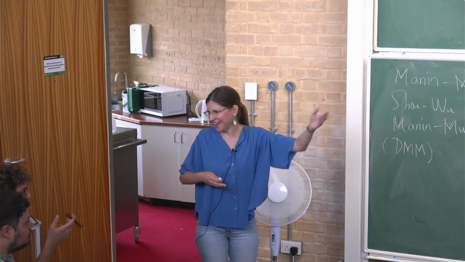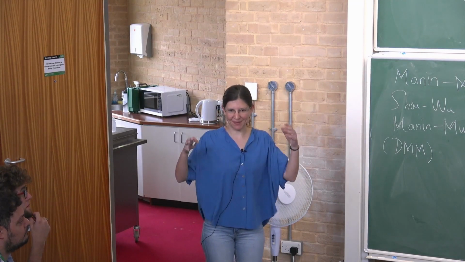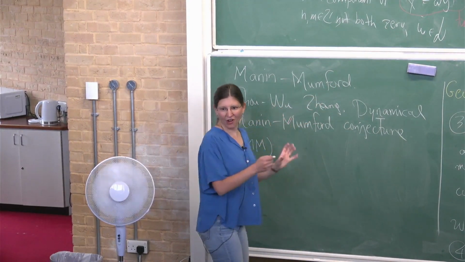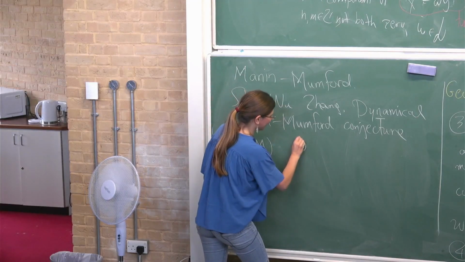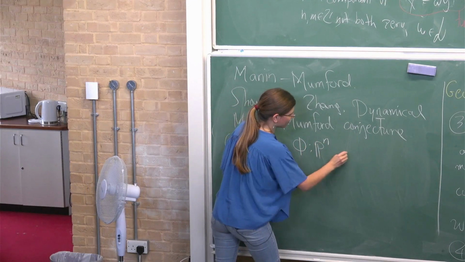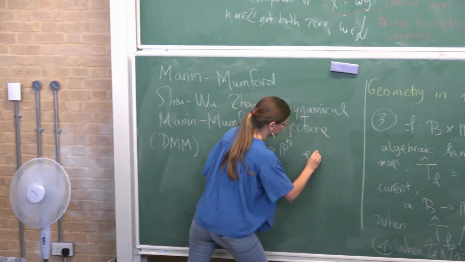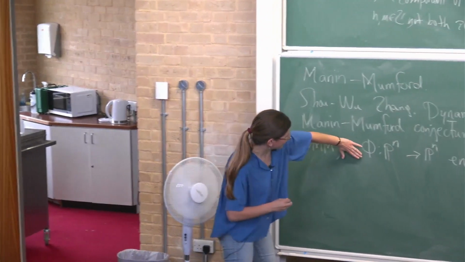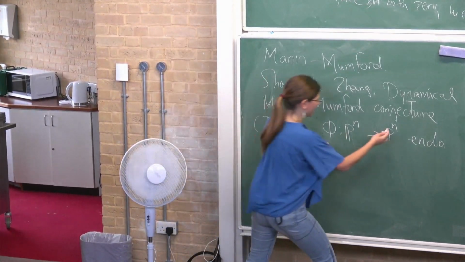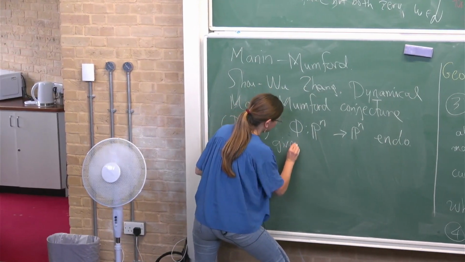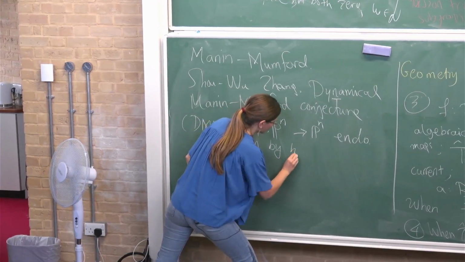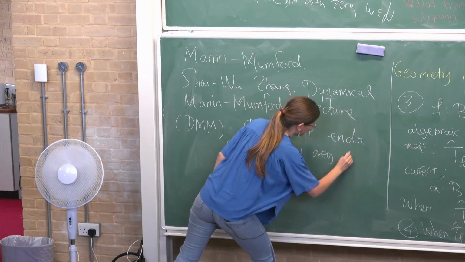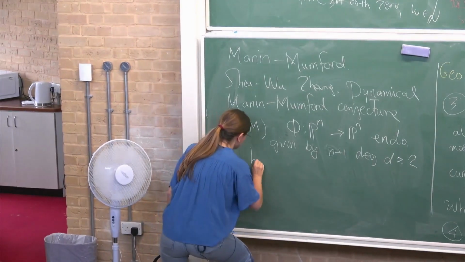He considered any maps that have some polarization, or, if you want, just any algebraic endomorphism of P^n. I'll state it as a question, but then move on. So an endomorphism of P^n, meaning it's given by n plus 1 homogeneous polynomials of degree d at least 2.